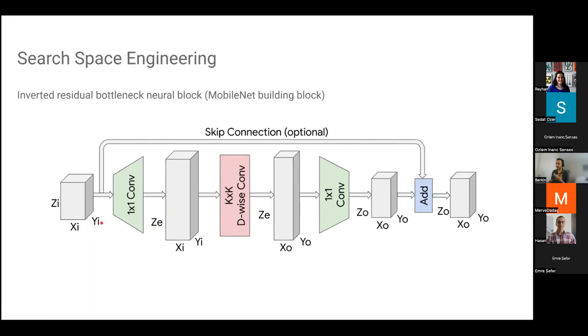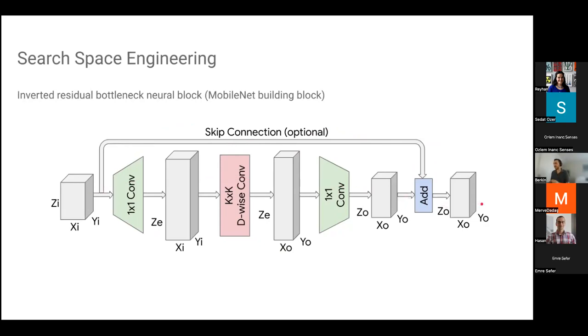X and Y you can imagine as the spatial dimensions, and Z is the channel. So you increase the channel dimension, you apply a depthwise separable convolution, and then you again decrease the channel dimension. This first one is generally called the expansion convolution. This is the projection convolution. And then if you have the skip residual connection, you add the original tensor back into this projected version, and then you generate the result.